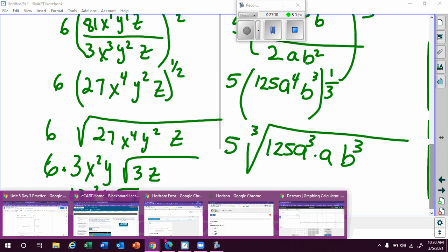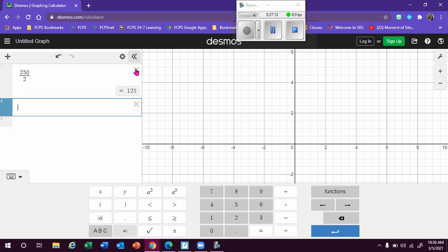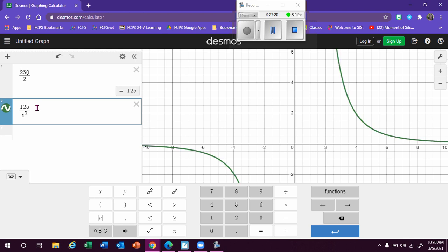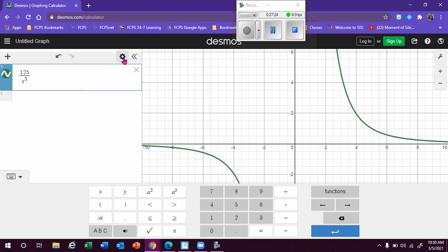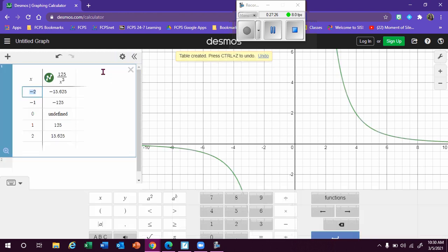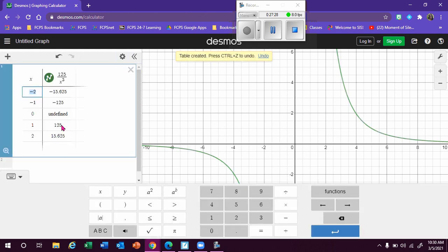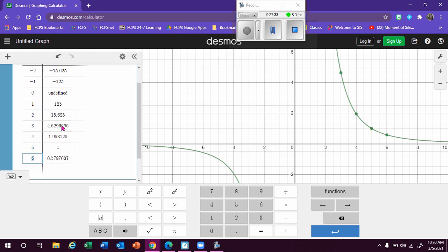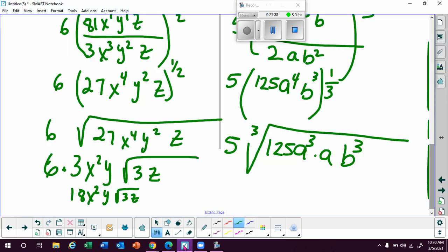So I'll go to my Desmos, and we did this before. I don't know if you guys remember. 125 divided by x cubed, right? So now I delete this one and go to the table. So you keep going down. Oh, here you go. What is it? 5 and 1. It's a perfect cube root.